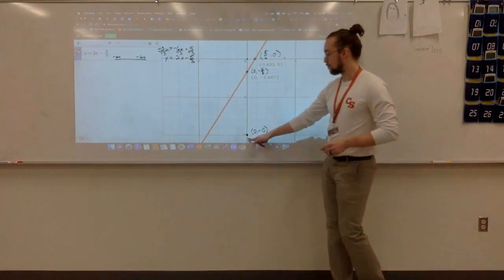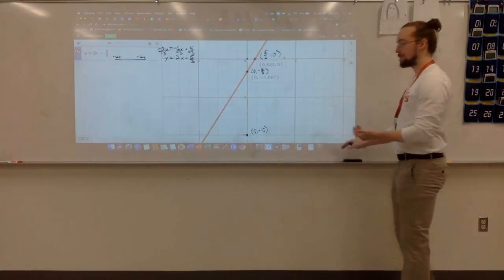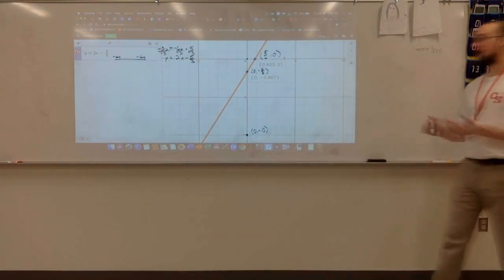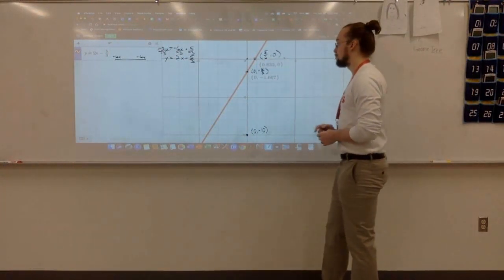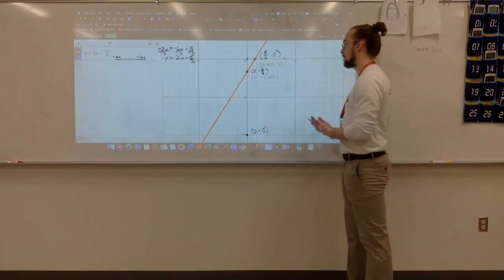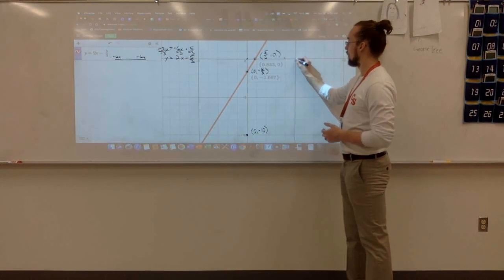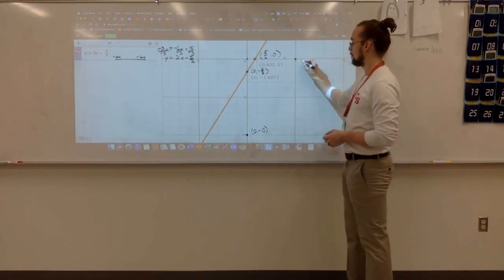So this would be this point dilated with a scale factor of 6 about the origin. Do the same thing here. It's going to multiply these 2 coordinates by 6. So 5/6 times 6 is going to be 5. And 0 times 6 is going to be 0.